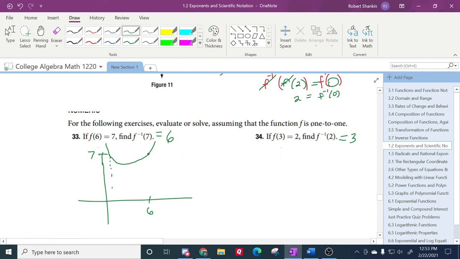But since it told you it's 1-to-1, then it can't be like this. It does pass the horizontal line test. So that's why we're just going to say, when the output is 7, the input must have been 6.